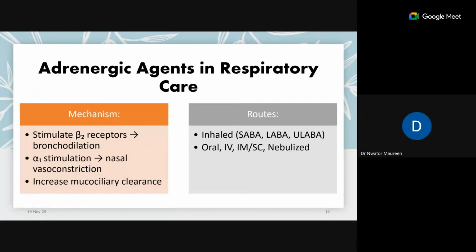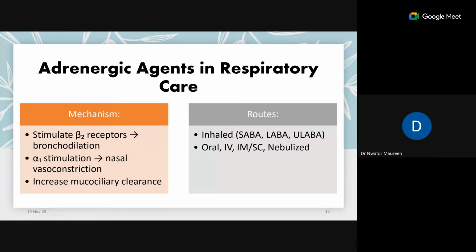Beta-2 agonists bind to beta-2 adrenergic receptors on airway smooth muscle, which triggers a cascade of events leading to muscle relaxation and bronchodilation. This process involves activating the Gs protein, which stimulates adenylyl cyclase to increase intracellular cyclic AMP.